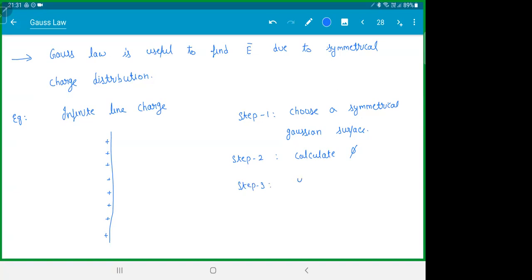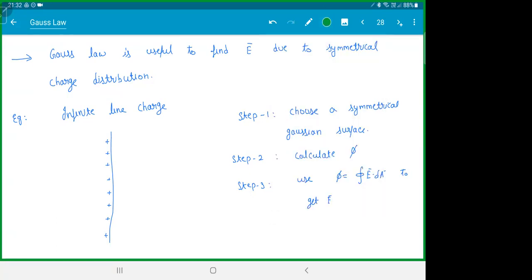Step 3: use the integral of E dot dA, which is basically the flux, equal to the integral of E dot dA, to get E. Let me show you how to do that.